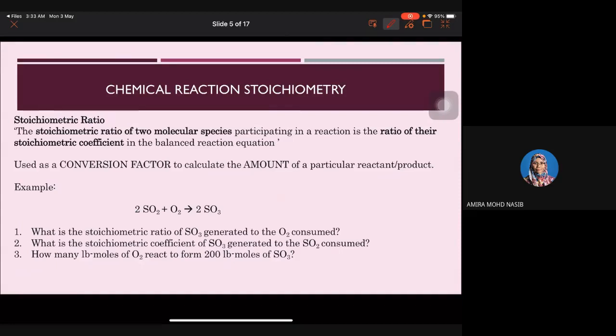It can be used as a conversion factor to calculate the amount of a particular reactant or product. We are going to learn that later. Let's see the example here. What is the stoichiometric ratio of sulfur trioxide generated to the oxygen consumed?